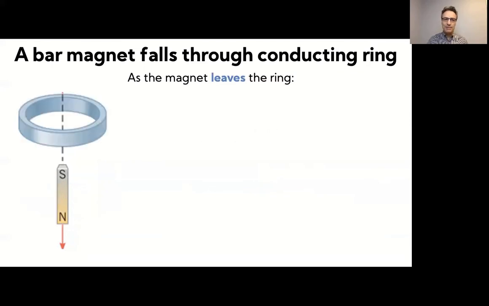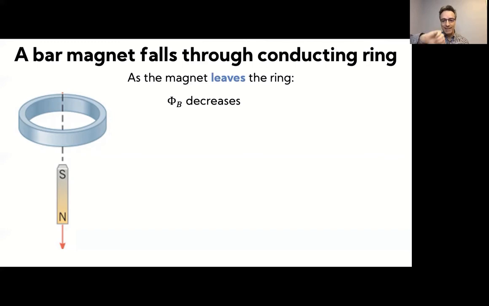But now as the magnet comes out at the end and it's leaving the ring, the situation is different again. So now the flux is actually decreasing through that ring. And so again, we're going to have an induced current that's going to result in an induced magnetic field that's going to oppose that decrease. So now we have the north pointing down of our bar magnet. And so the flux is decreasing.